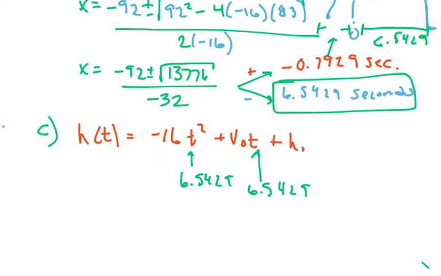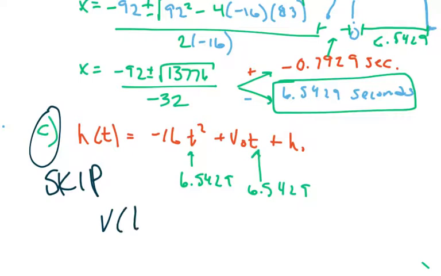This all seems lovely, but as I'm looking at this, the only way to get the answer of 117 is to use a formula that we didn't actually get. So it turns out that C we can skip. Technically, if you want to continue, to find your velocity, which we didn't talk about, you would take your initial velocity minus the pull of gravity times your time.